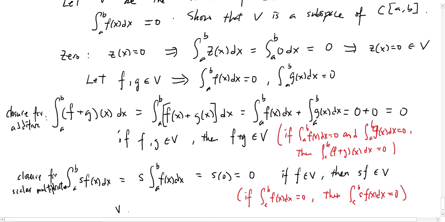Then that tells me that V is a subspace of the continuous functions from a to b.